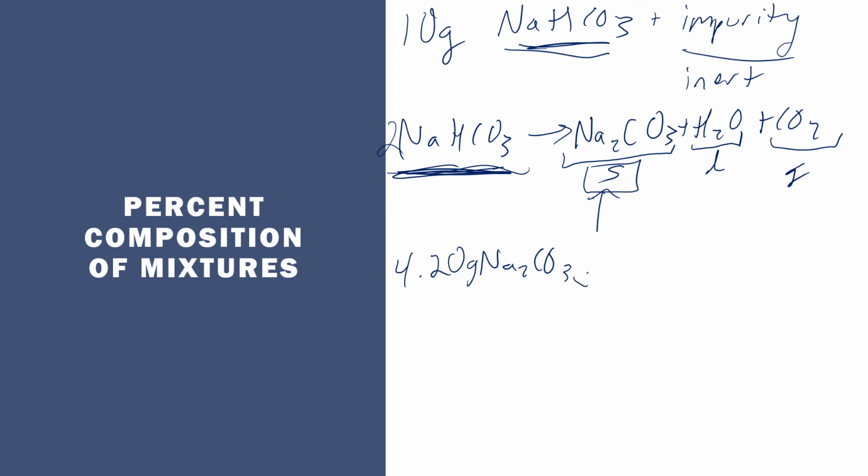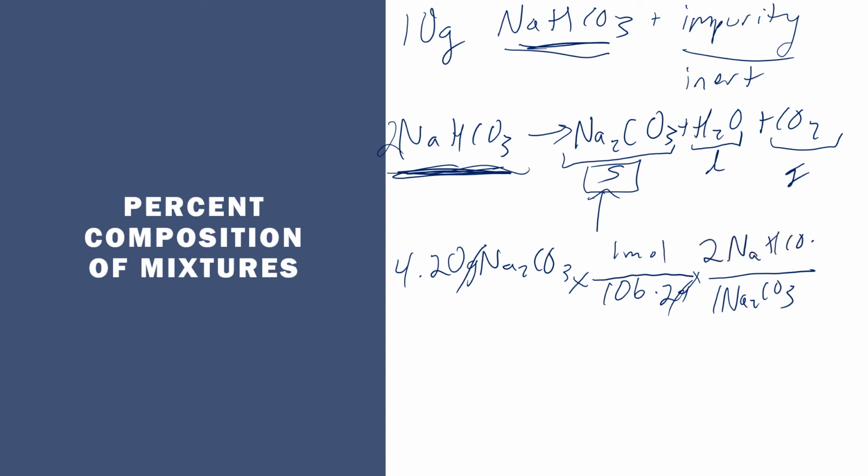As always, we need to use the molar mass of the Na2CO3 to change that to moles first. The molar mass of Na2CO3 is 106.2 grams per mole, grams on the bottom, and then I can use the mole ratio. For every 1 of the Na2CO3 that is produced, I use up 2 of the NaHCO3. That's the coefficients here.